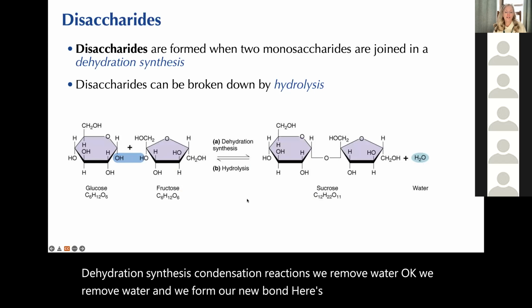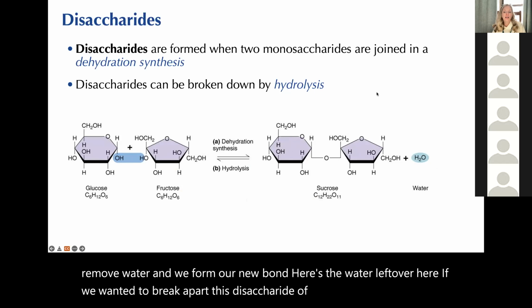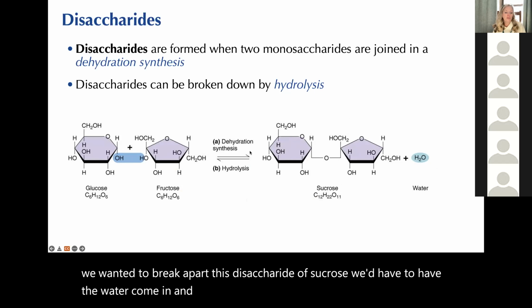If we wanted to break apart this disaccharide of sucrose, we'd have to have water come in and attack this bond, reverse it back, and we come back to our glucose and fructose. So condensation, dehydration synthesis, is building everything together in one direction to make our macromolecules. Hydrolysis splits it back apart, and we do that same reaction.